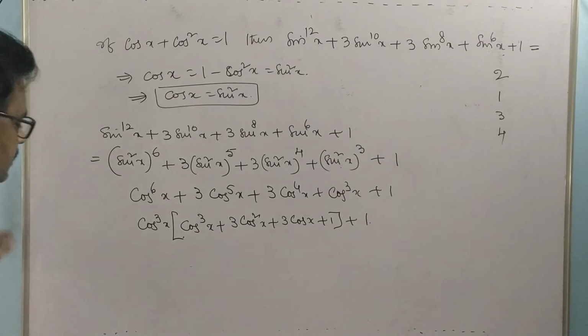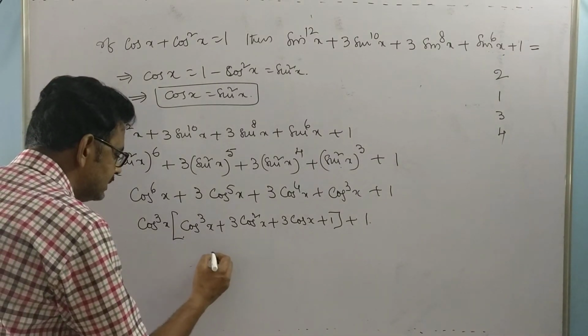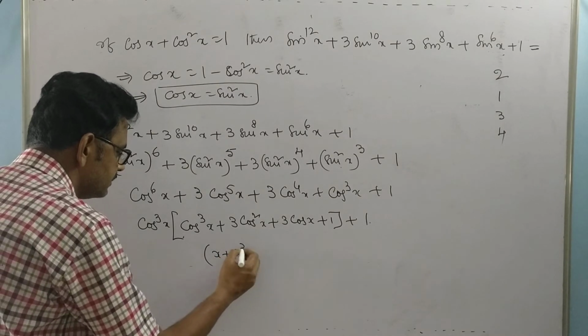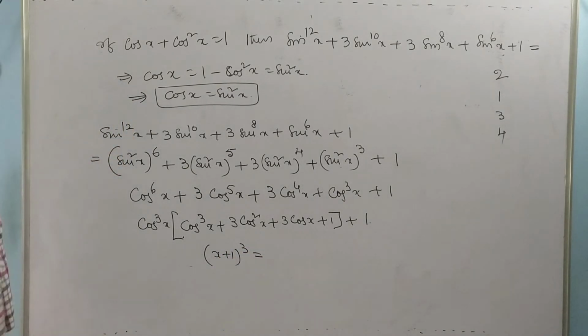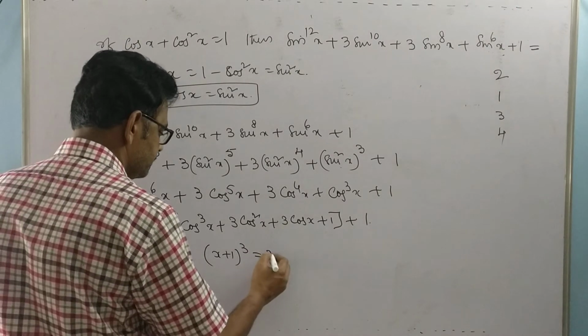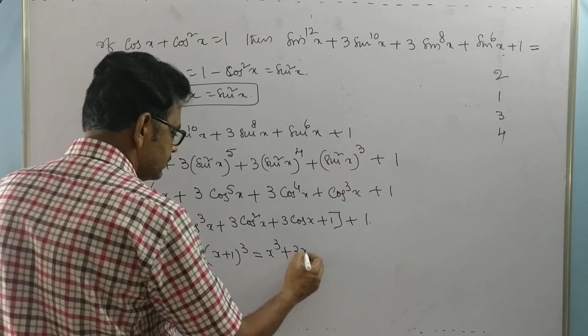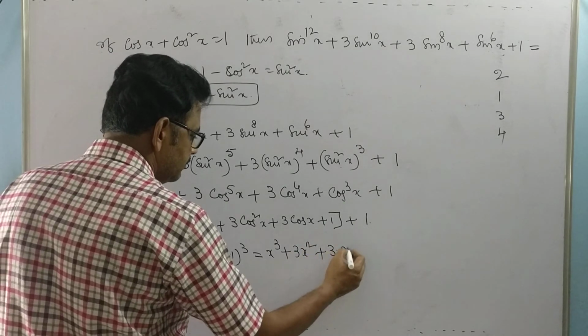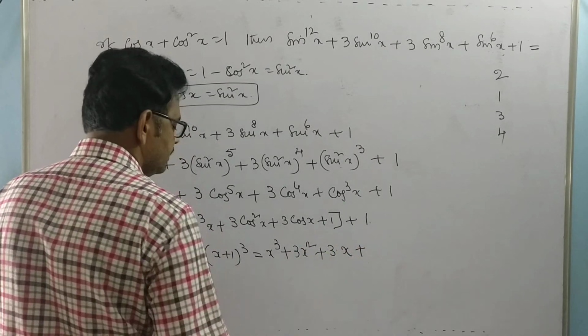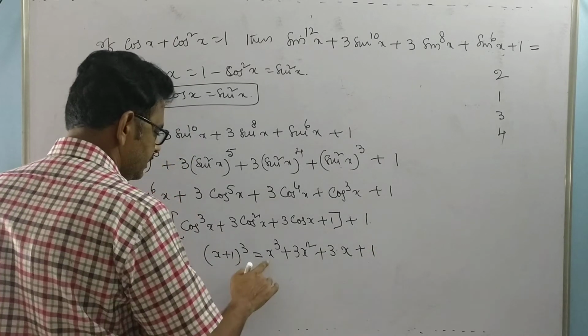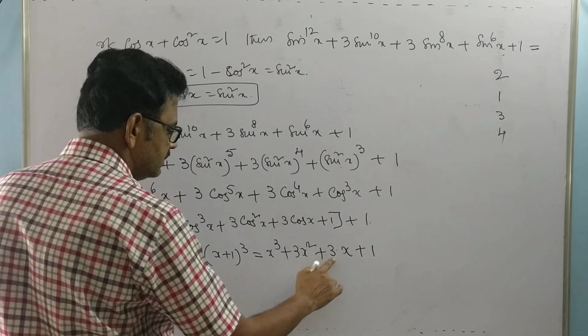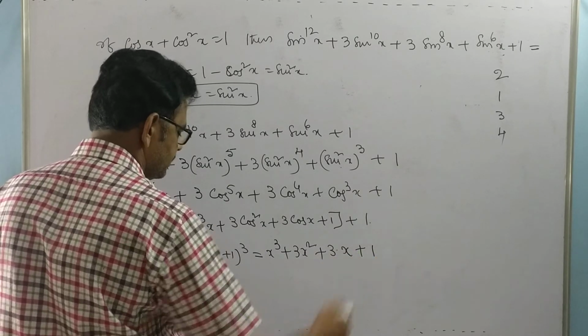So what is the x plus 1 whole cube formula? a cube plus 3a square b plus 3ab square plus b cube.